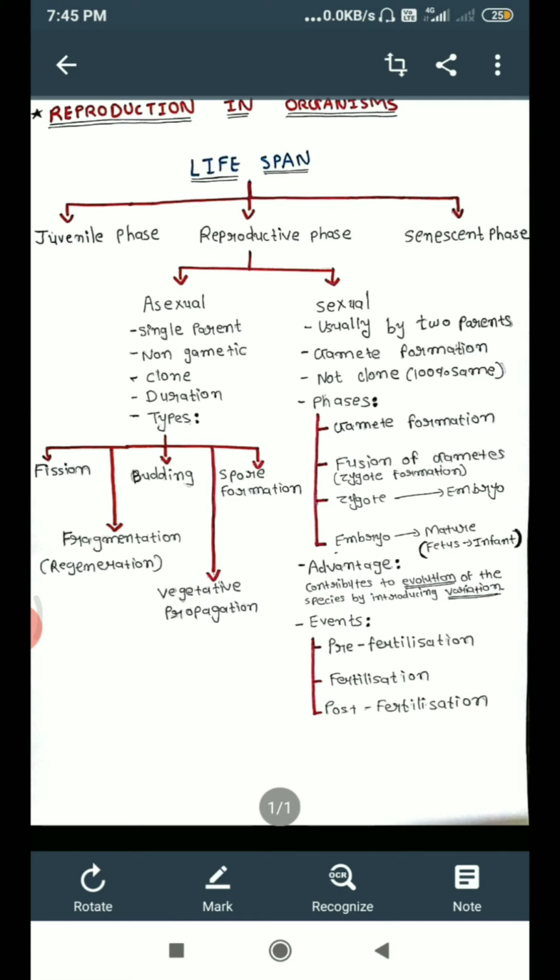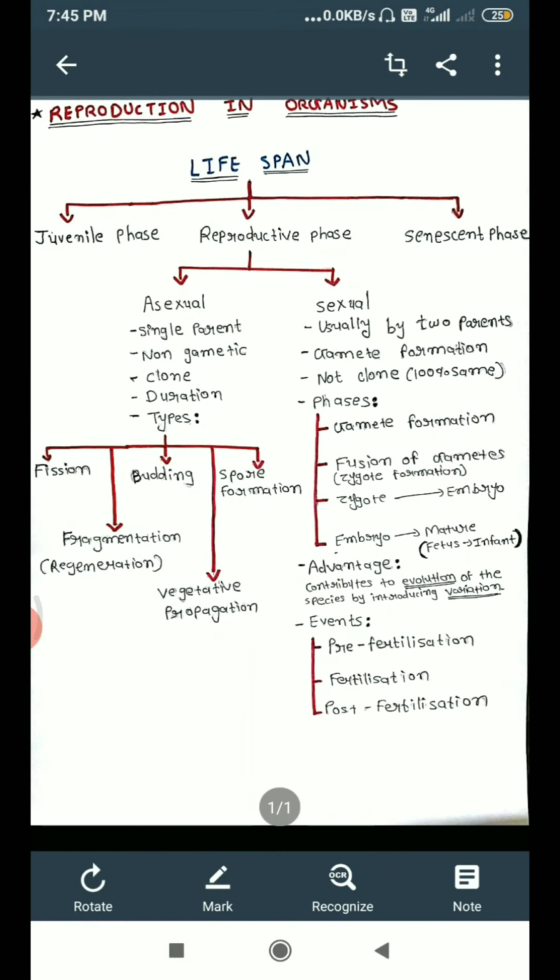The juvenile phase is the phase of growth in which organisms are growing up, but they do not acquire the ability of reproduction. Second is the reproductive phase, in which organisms are able to reproduce, and last is the senescent phase, in which organisms lose their ability to reproduce. So there are three phases. Done. Now the reproductive phase, that is our today's topic.